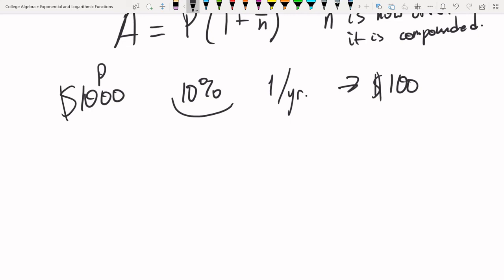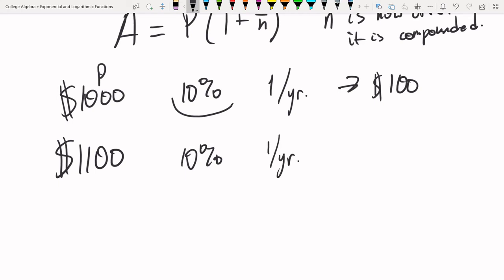That's because 10% of 1,000 is 100. Now, for the second year, we don't have $1,000. Now we have $1,100. And so now we're taking 10% of this once per year, and that gives us $110.